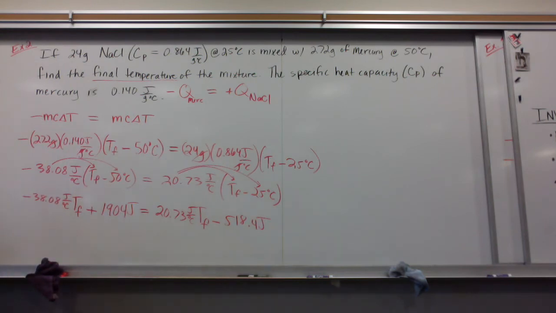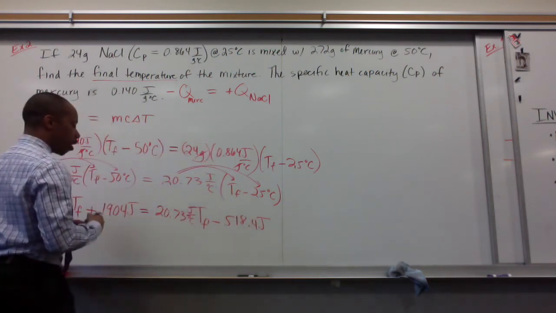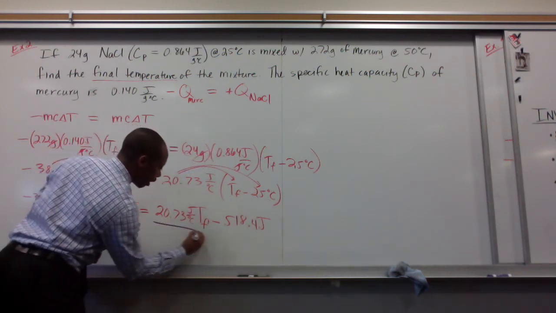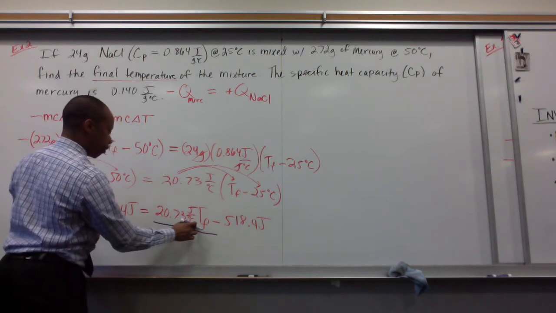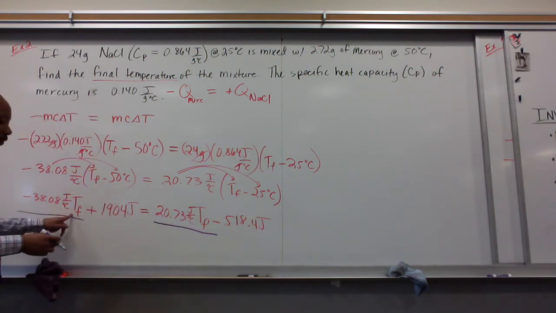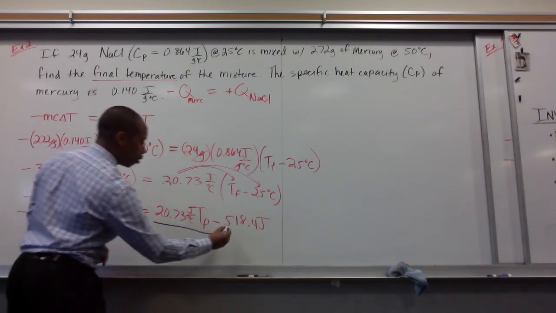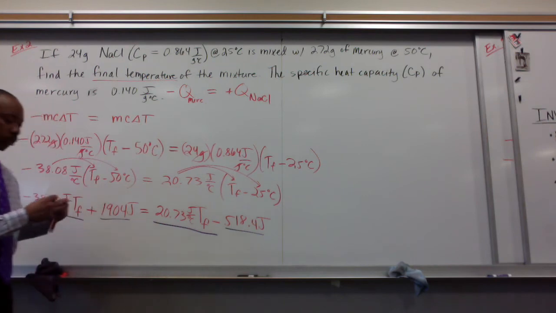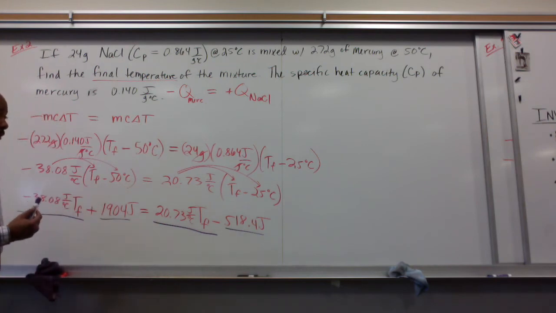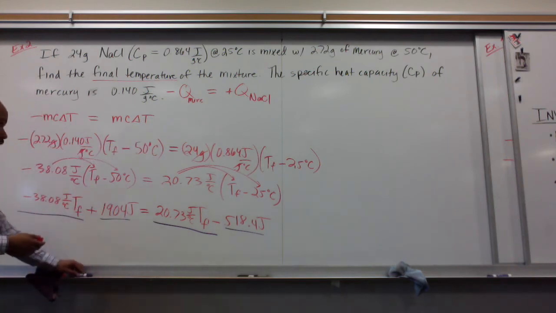Now if we look, we'll have like terms. Some like terms here are 20.73 TF and negative 38.08 TF. Those are like terms, and these are like terms as well in units of joules, just like a standard algebra problem. I'm going to bring this up there in the simplified version.